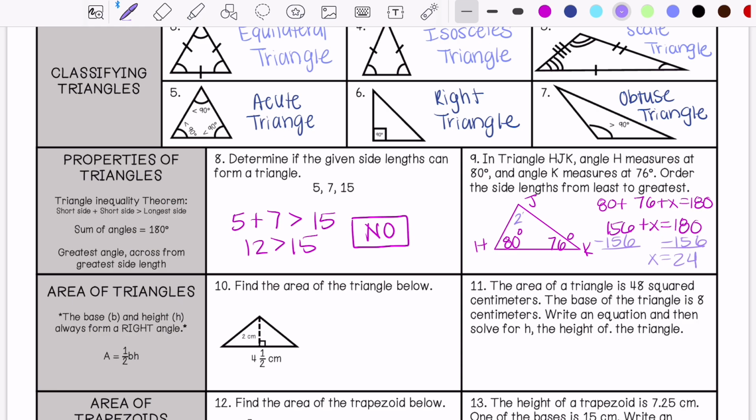So this is 24 degrees. So least to greatest, my smallest side is HK, because it's across from my smallest angle. Then HJ, and then JK.